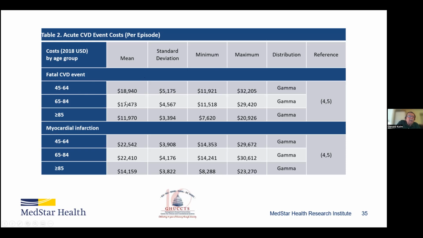It's a little bit less for the group 65 to 84, and then even less for the elderly patients. And then the same thing here for the cost of a non-fatal myocardial infarction, broken down by age. And so we're going to use our mean age here as the cost. If a patient experiences a particular event here, we're going to use this particular cost.